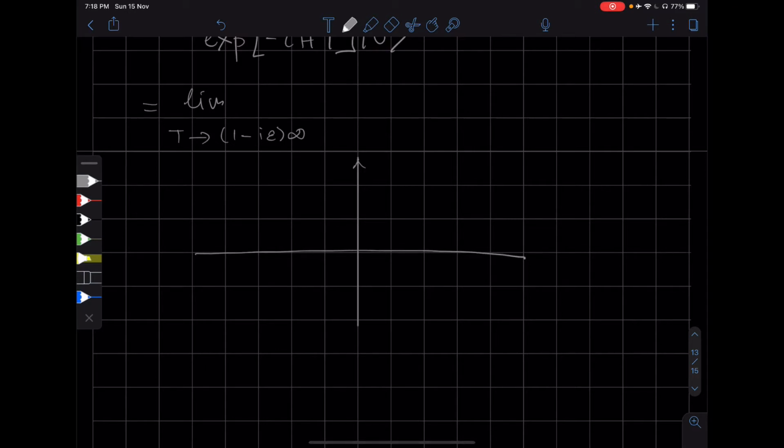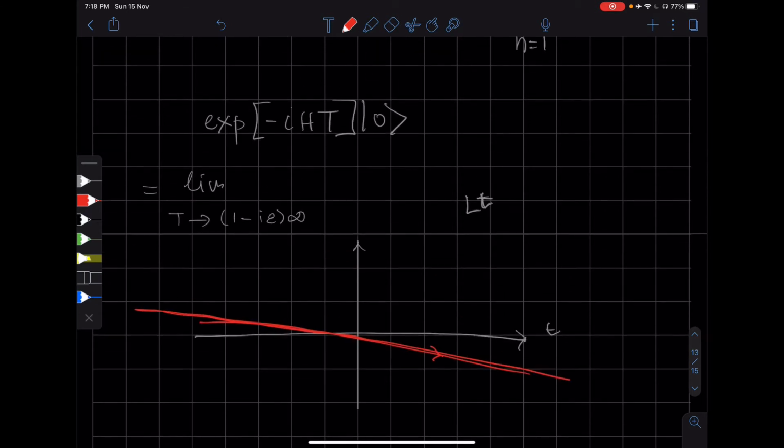it's a complex plane, so I'm considering time to be a complex variable. Then what we're doing is slightly tilting the time axis in this direction.